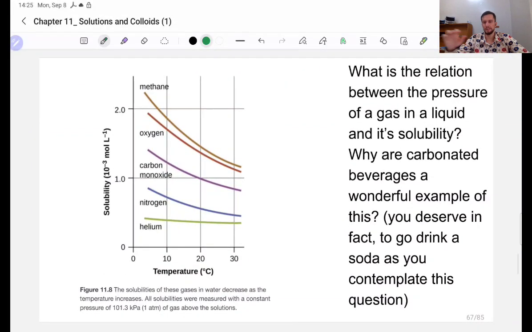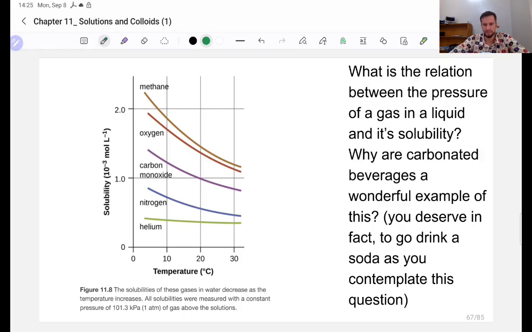You can see here the relationship between the pressure of a gas in a liquid and its solubility. Why are carbonated beverages a wonderful example of this? Well, here it shows us the solubilities of these gases in water decrease as the temperature increases.